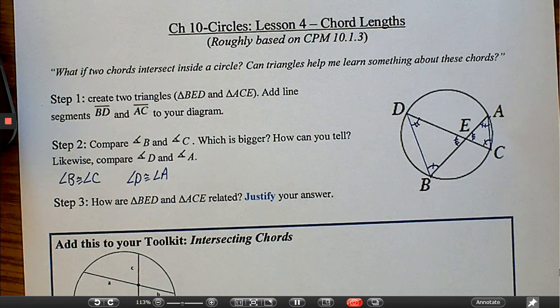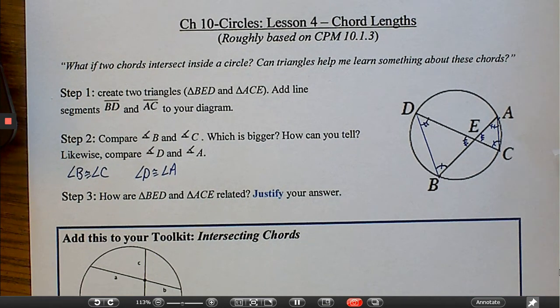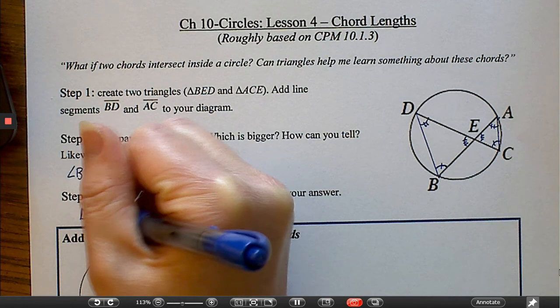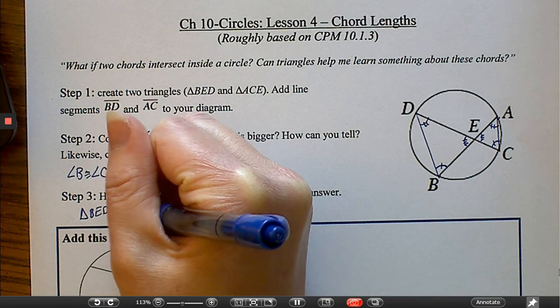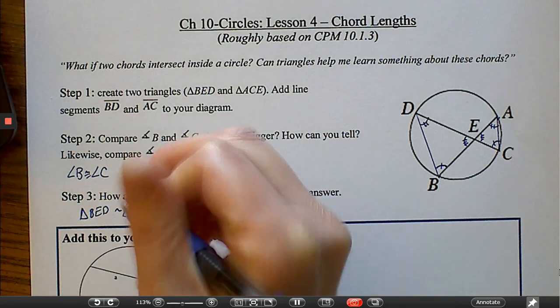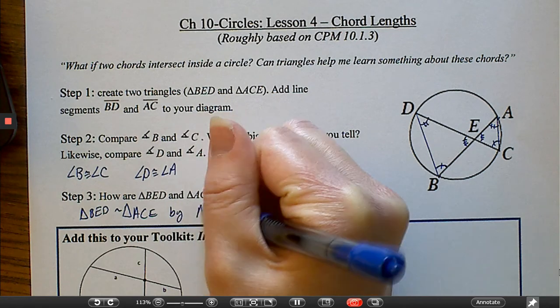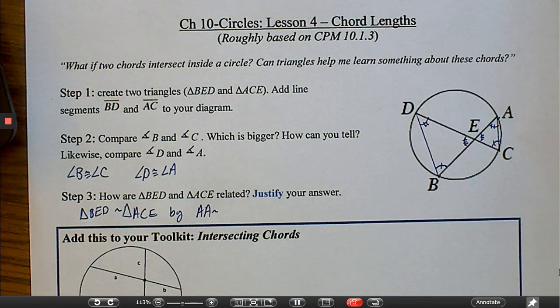Now, what does that mean about these two triangles? They're not going to be congruent. Clearly, they're not the same size. However, we can say that triangle BED is similar, remember the squiggle is similar, to triangle ACE by angle. They have at least two pairs of angles that are congruent, so therefore we have similar triangles.